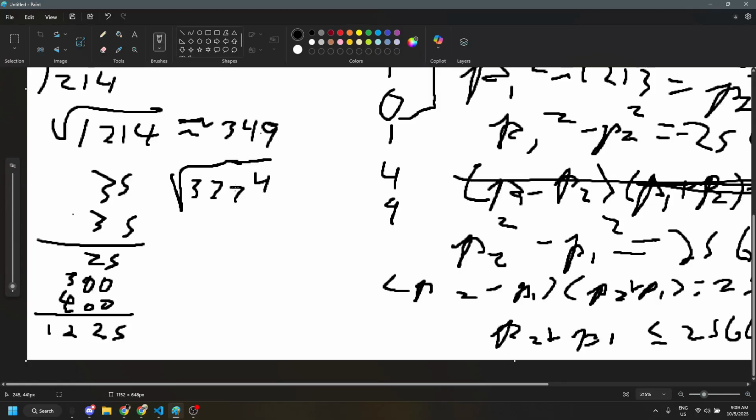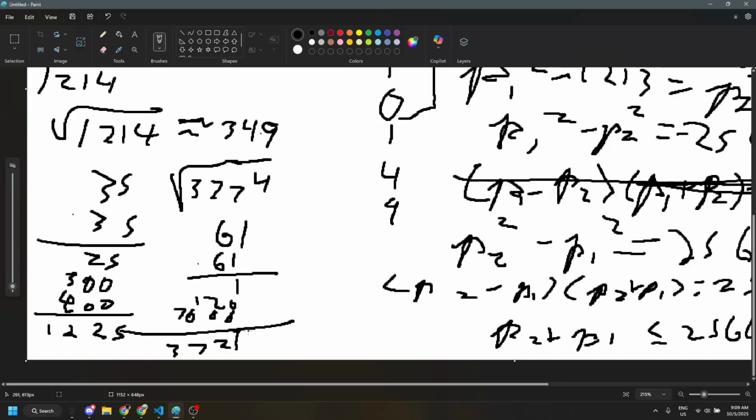So we know that 25, it's going to be like 61. Would be 1,120, 3600, which would be 1273. Yeah, so it's about 61.2, I'd say.